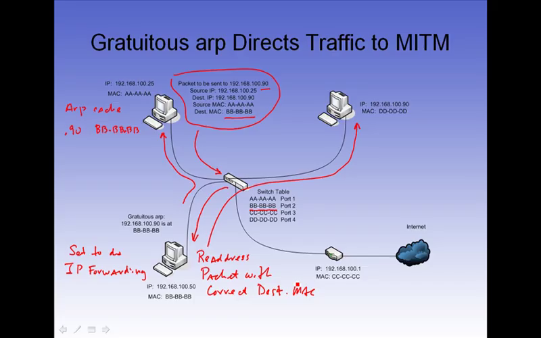Now it's been, I guess you could call this rerouted through the attacker's machine, or the man in the middle. Now, usually what happens here is while the packet is in this machine, it is sniffed. And hopefully everybody knows what sniffing is by now.